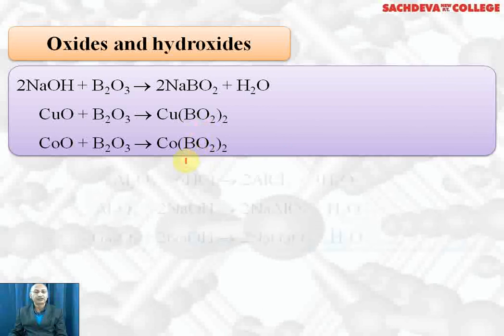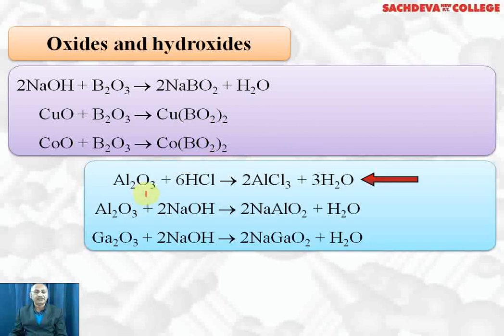Aluminium trioxide, being amphoteric in nature, will react with base as well as acid. When it reacts with HCl, it forms 2AlCl3 plus 3 water. Al2O3 reacts with 2NaOH to form sodium metaaluminate plus water. These two reactions prove that Al2O3 is amphoteric in nature. Gallium trioxide also is amphoteric in nature.